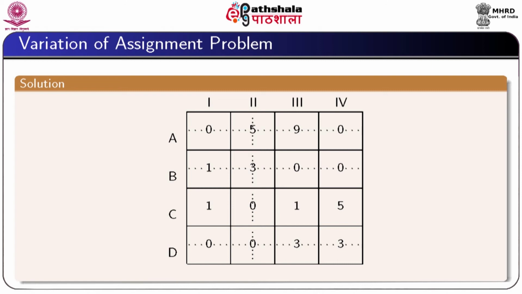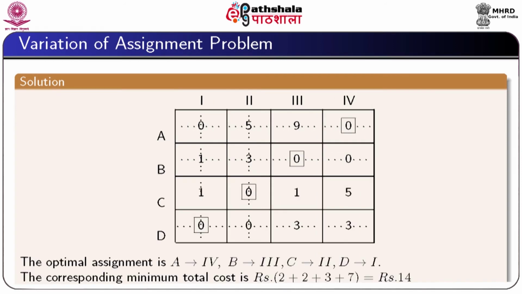Then we proceed to further improve the solution by following the technique of the Hungarian method and draw the minimum number of horizontal and vertical lines in the next stage. This slide shows that we have reached the optimal solution, because the number of horizontal and vertical lines is equal to 4, which is equal to the order of the matrix.